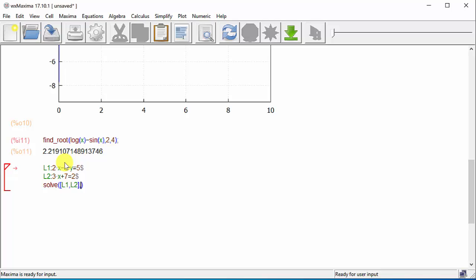And what am I solving for? What are my variables? My variables are x and y. So in a bracket, I'm going to put x, comma, y. And then I need to move out here and put a semicolon, and let's hold shift enter, and you can see there is my solution.